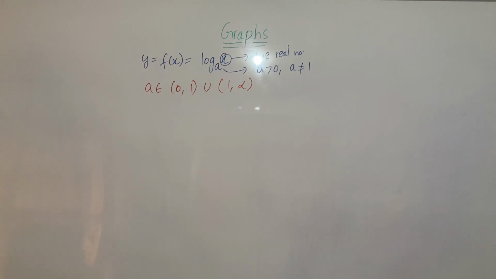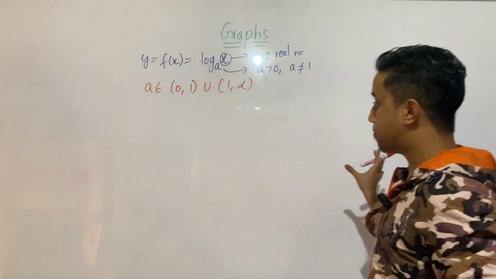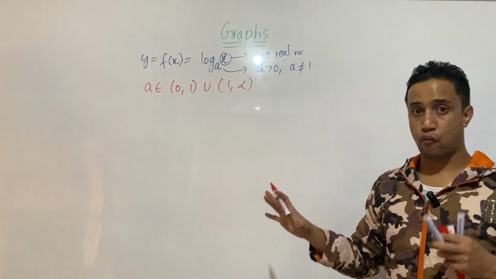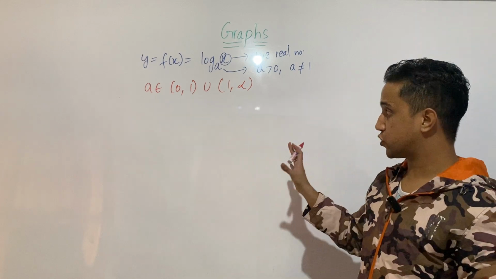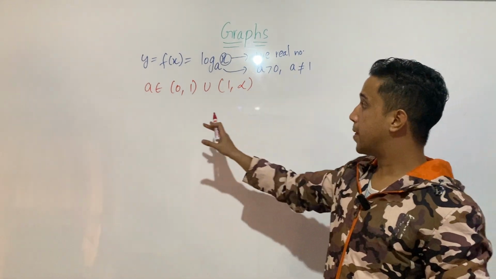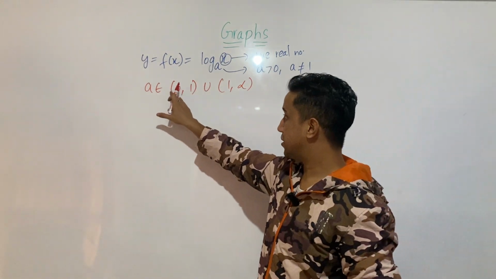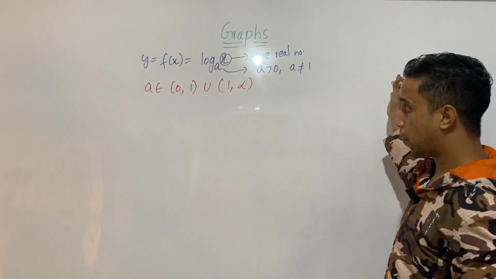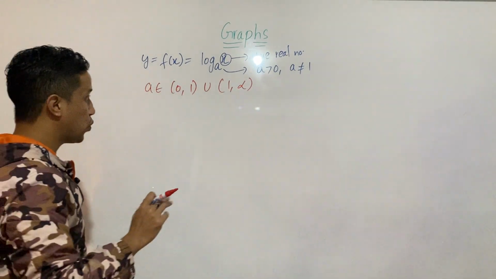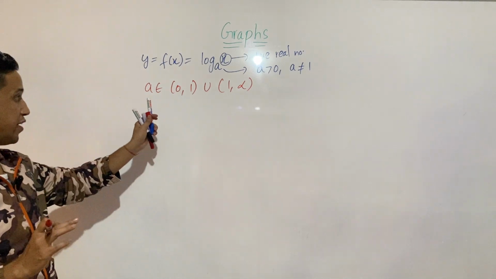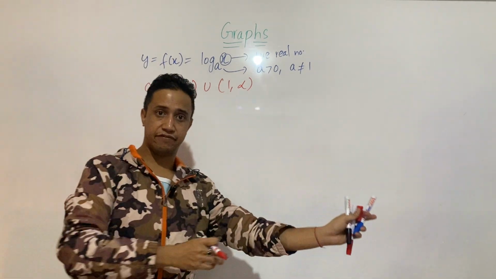All right, so now we will break sketching the graph into two different things. First, we will draw the graph when our base a belongs to any number between 0 and 1, and in the other one we are going to sketch the graph when base takes any value between 1 and infinity.